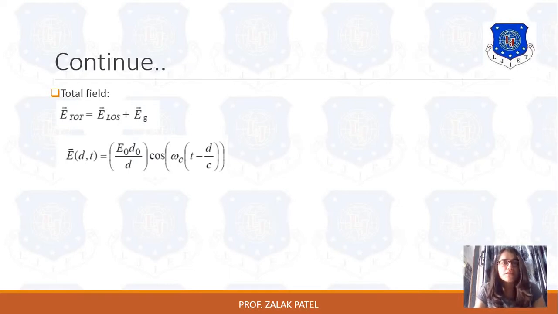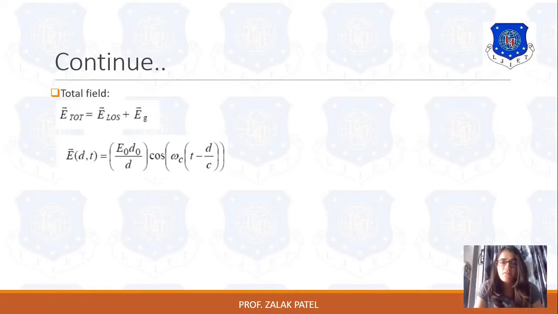First of all, the general electric field strength when the total is taken, meaning line of sight plus multipath propagation, then E of d,t is equal to E0 d0 upon d. This is the maximum magnitude of the electric field strength vector. This whole term denotes the maximum amplitude of electric field strength, times cos omega t. Omega is nothing but the angular frequency.